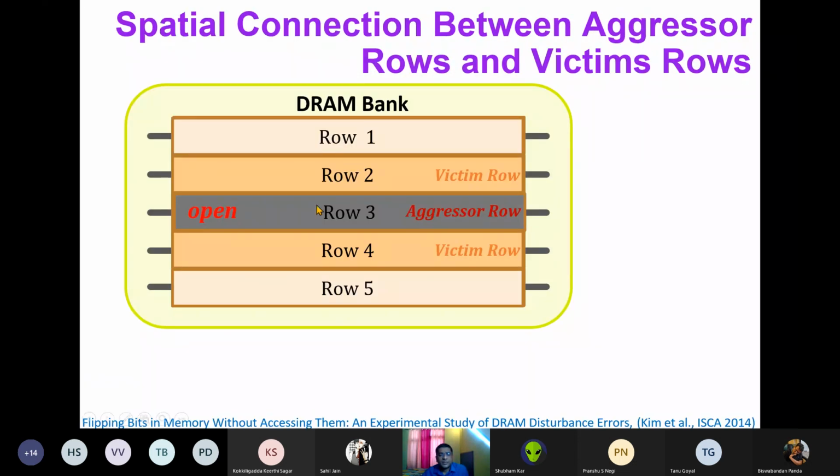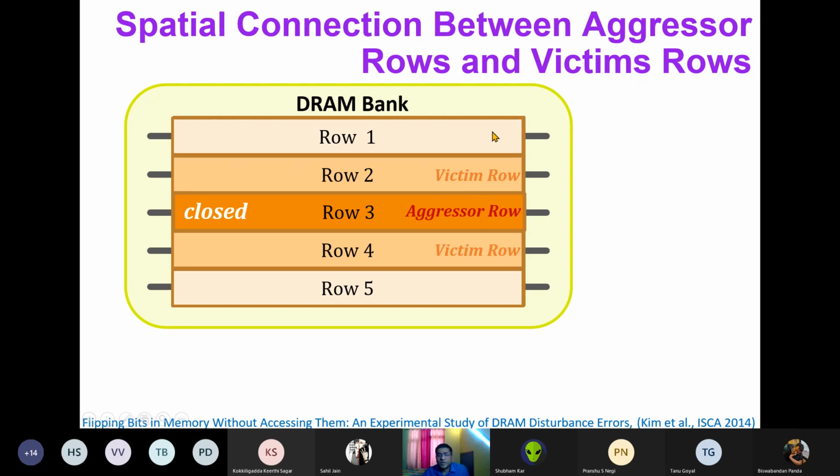Now, if we see, there is a spatial correlation between the aggressor rows and victim rows. Like row 3 is the aggressor row and the victim rows are row 2 and row 4 in this diagram. So there is a distance between these; they are neighbors, like the victim rows are neighbors of the aggressor row.